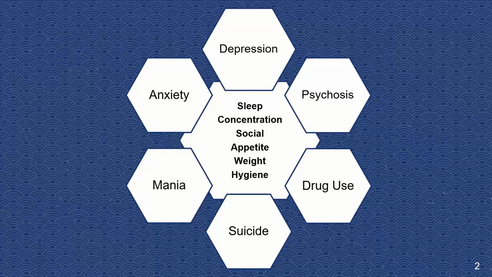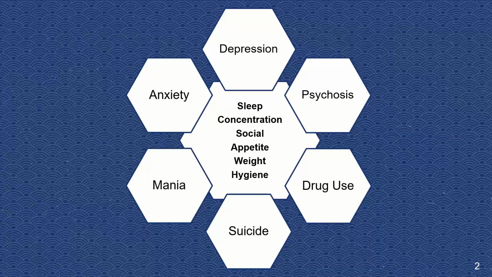So these things in the middle, these are all things that as a clinician, I would look at as well next to some of the clinical sides of some of these disorders. And so we're talking about our sleeping patterns, our ability to concentrate, what does our social life look like, our appetite, our weight gain or weight loss, and our hygiene habits.